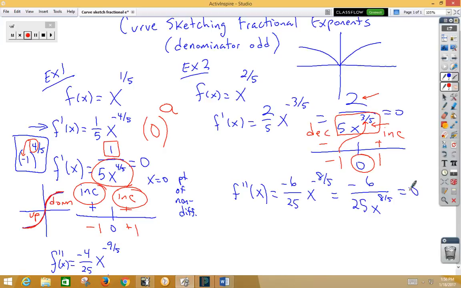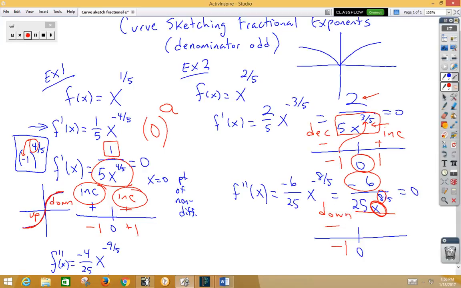I do have a problem still at 0. So when I do my sign test, if I choose something to the left of 0 like negative 1, now when I plug in my negative 1 here, since the numerator's even, I have 8 negatives which make a positive. Top's a negative, bottom's a positive, we get a negative, so we're going to be concave down.